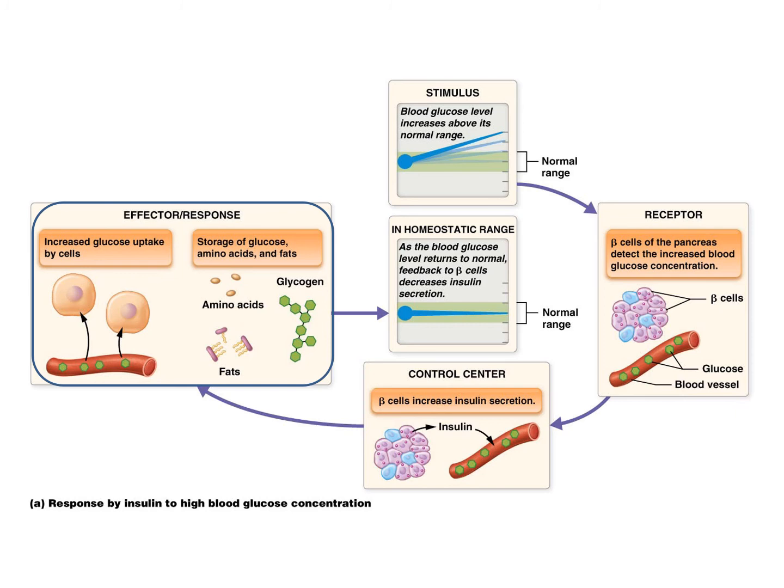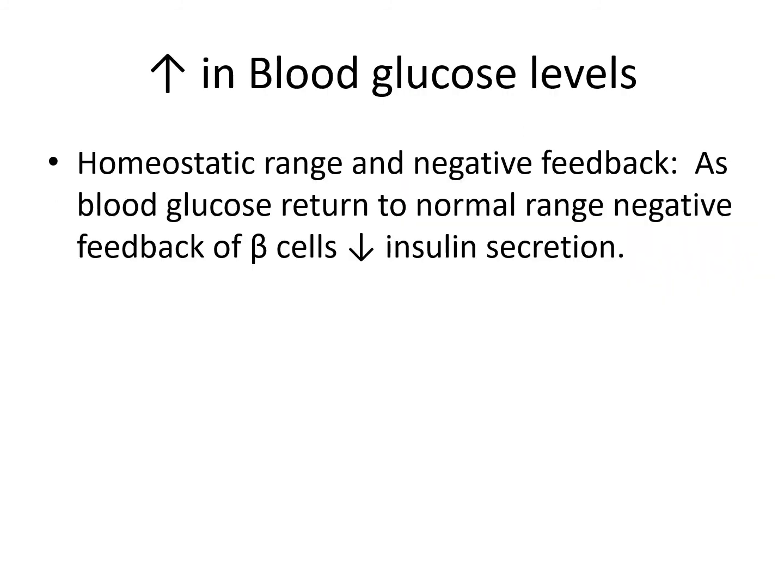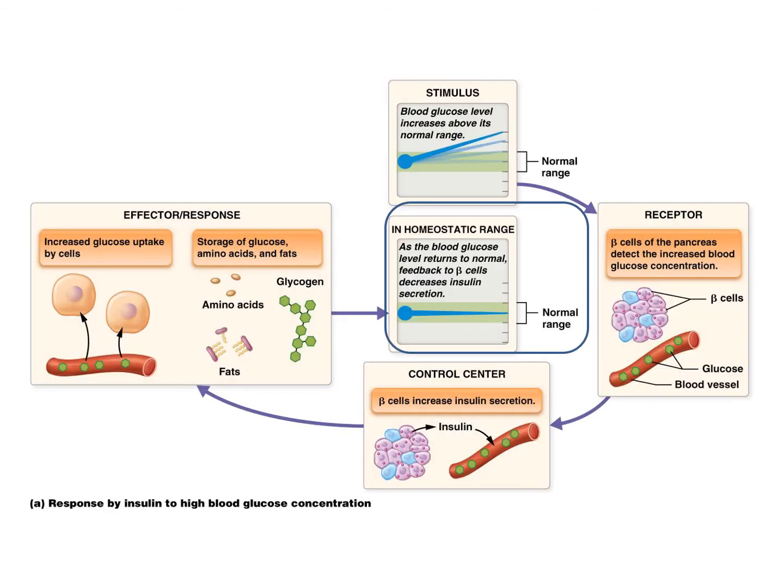We'll have storage of glucose, amino acids, and fats in the form of proteins, fats, and glycogen. As glucose returns to the homeostatic range, negative feedback on beta cells decreases insulin secretion, and we're back to the homeostatic range.